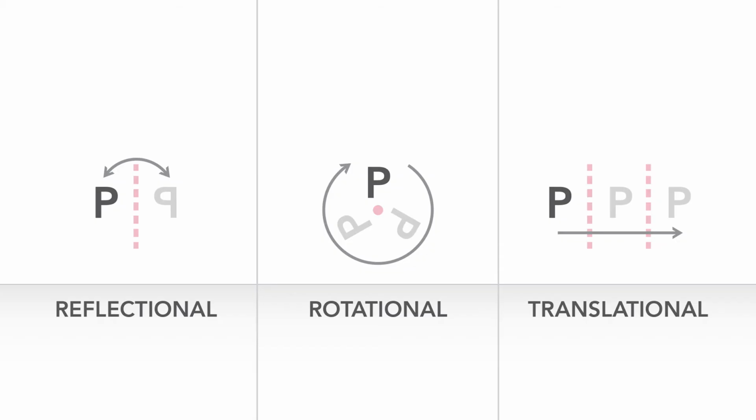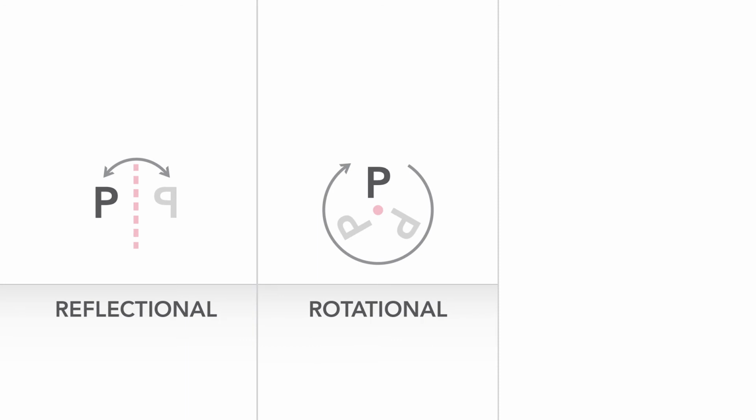For context, translational symmetry differs from the other more common types that everyone knows, such as reflectional symmetry and rotational symmetry. So to illustrate the distinctions between them, the following shows how each of these function using the letter P for pattern as an example. Reflectional. Also known as mirror symmetry, this type occurs when the reverse of an object or pattern is reflected over a line or mirror.